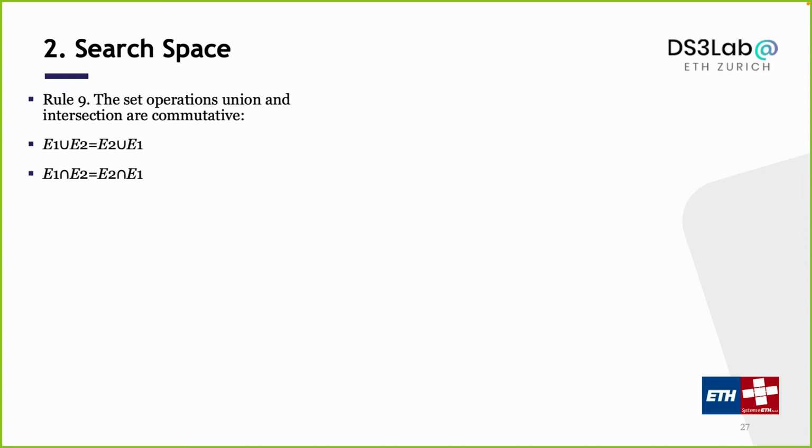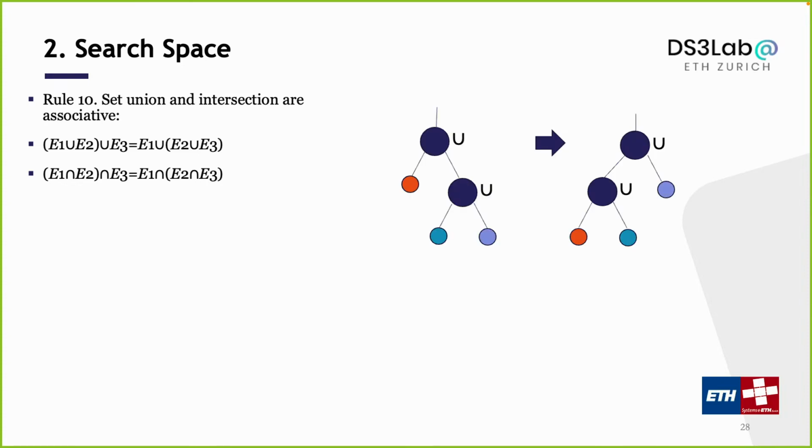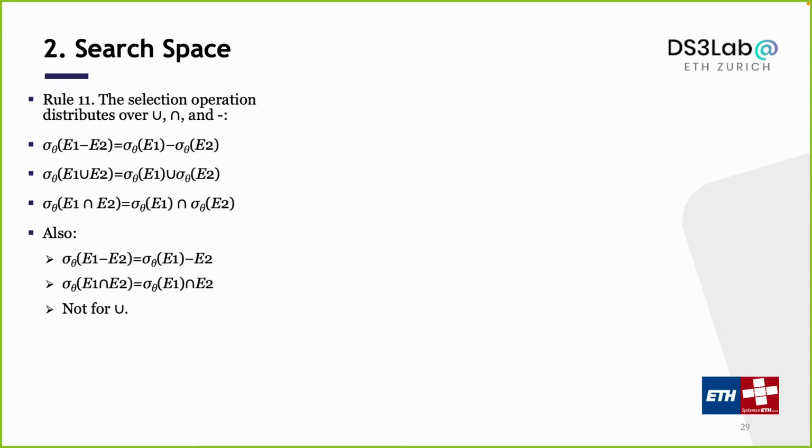So the intersection and the union between two relations, right? You can actually exchange the order, something like this. And then they are also associative. You can union them in different ways.